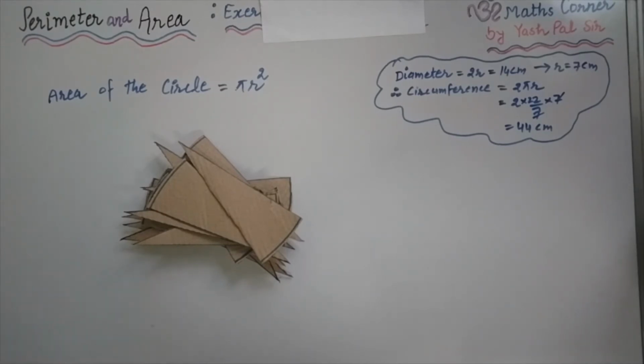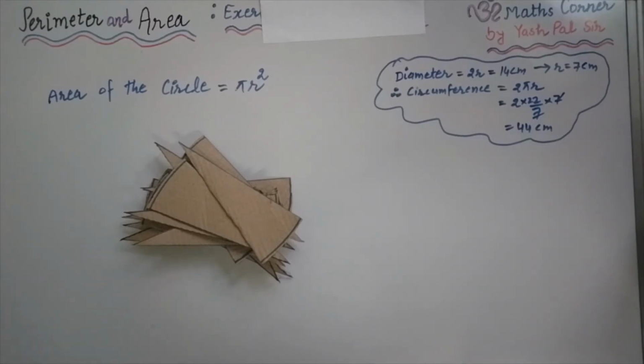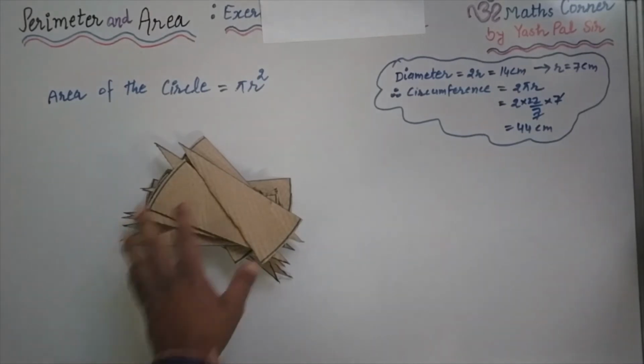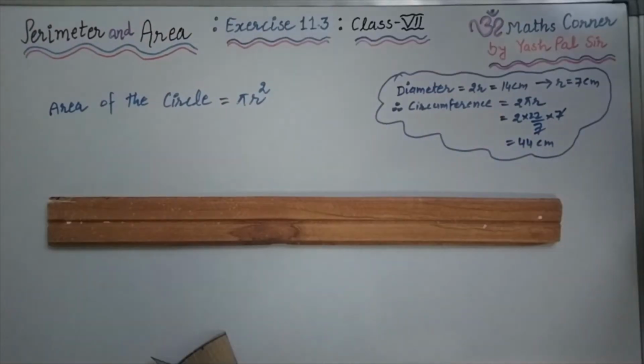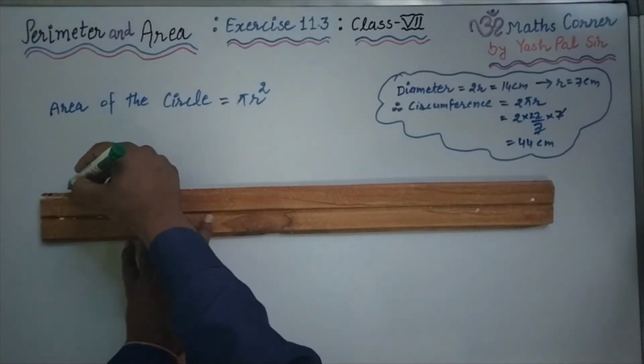Again 32 plus 32, 64 pieces. But I am stopping here because I have already done a lot of hard work. I'm going to explain the final result here, what I want to prove with the help of this activity. So let us see now.